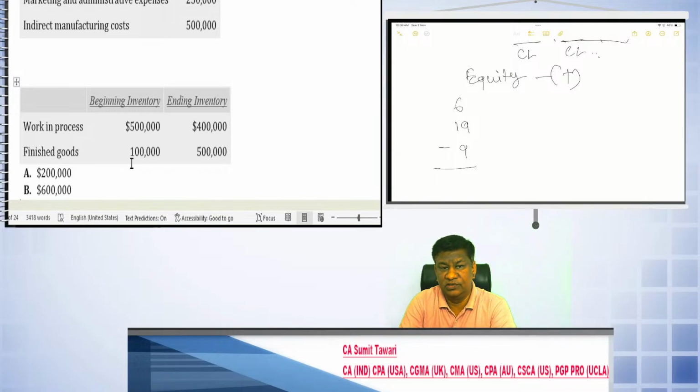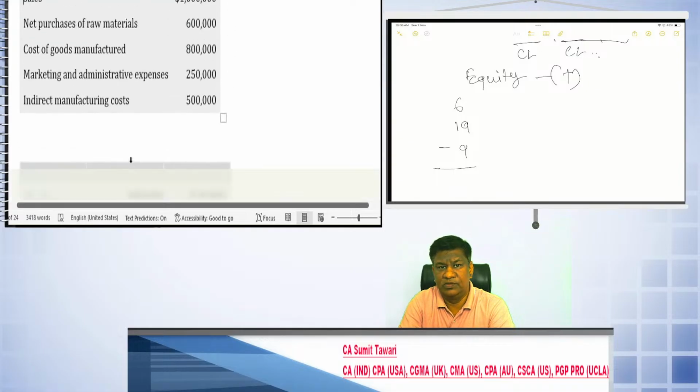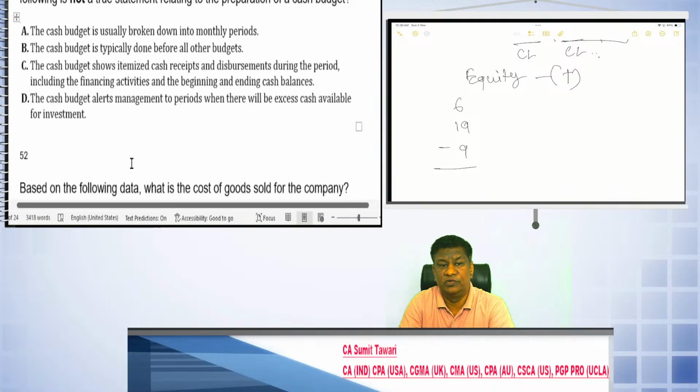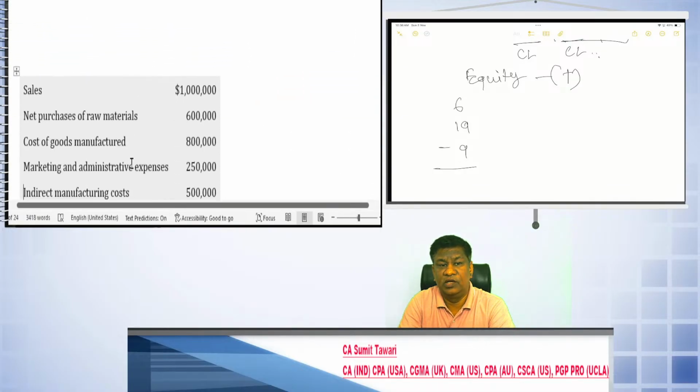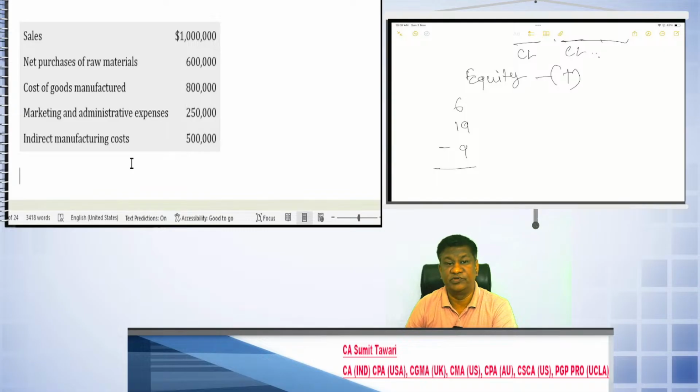No. Okay, cost of goods sold, finished goods. Cost of goods manufactured. 6 lakh is not required.